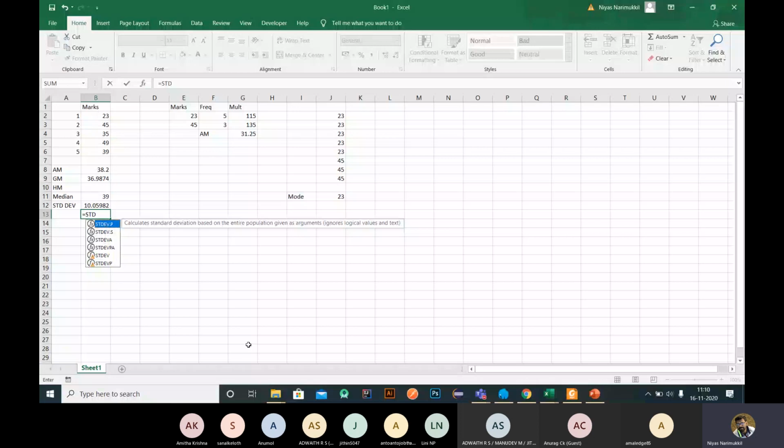So that is the difference. There are two kinds of standard deviation in Excel, one for the entire population and one for the sample given. So the output will be different if you apply them on the same data.